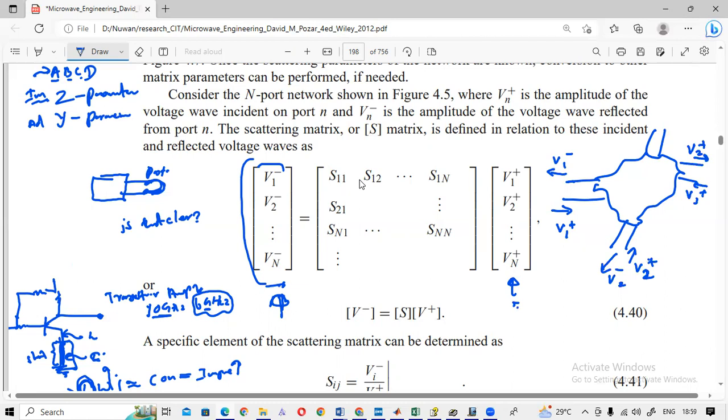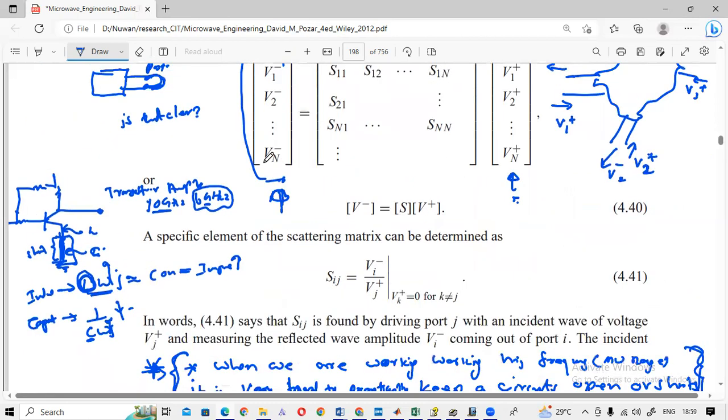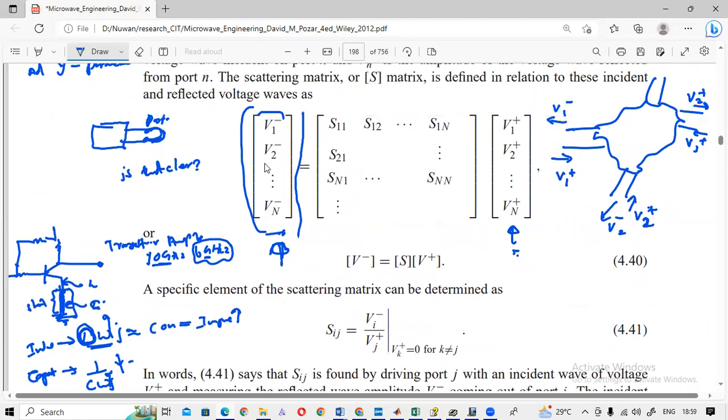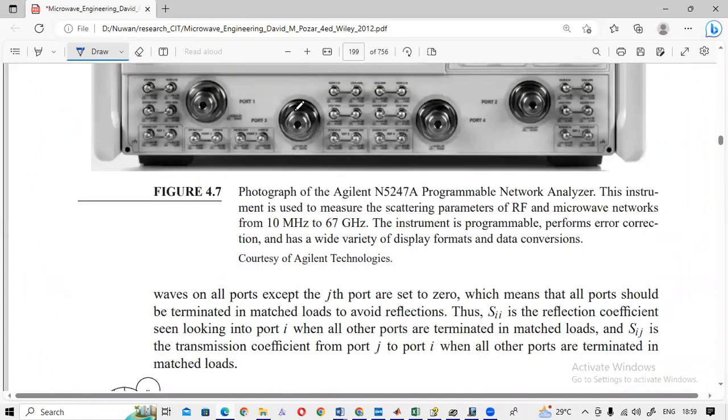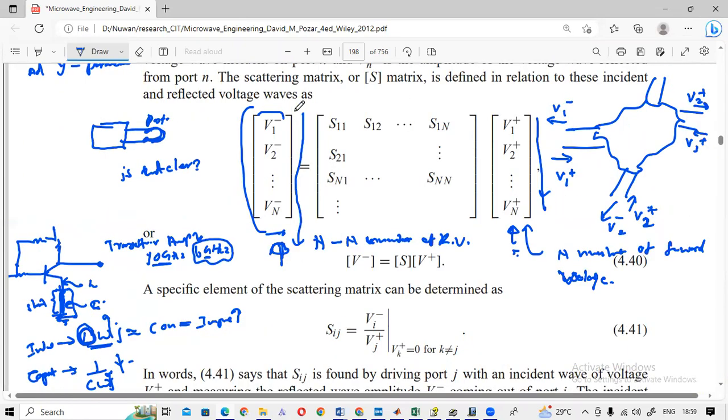If you have n ports, there should be n number of reflected voltages, and also n number of forward voltages.